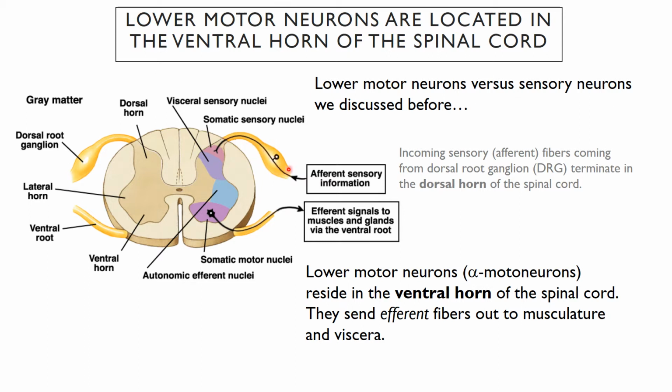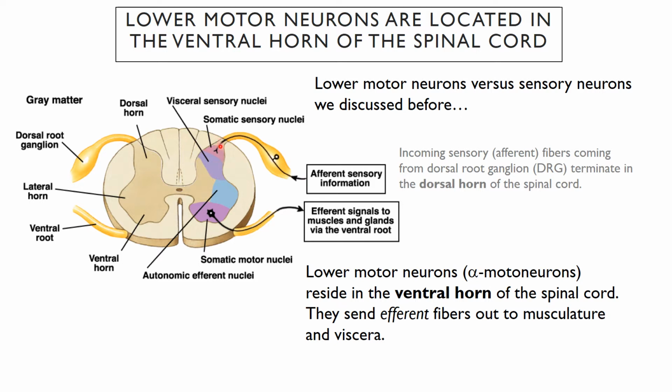And the dorsal nerve, remember, has this large bump on it called the dorsal root ganglion. That's where the cell bodies of those neurons exist. This is showing a pain neuron synapsing on neurons within the dorsal horn, and this is generally where sensory information resides.